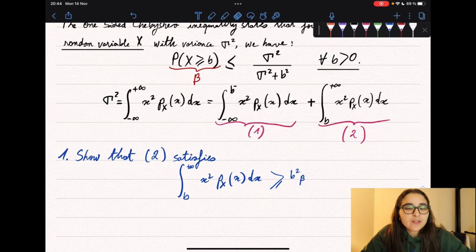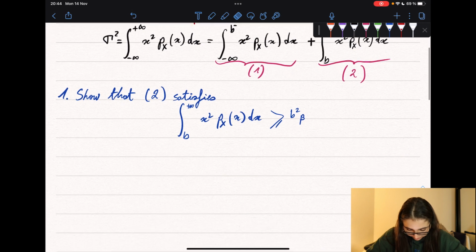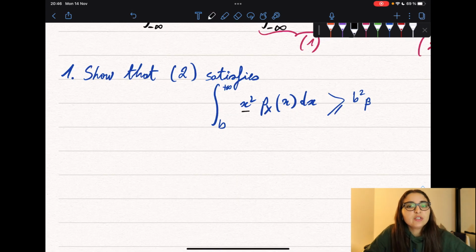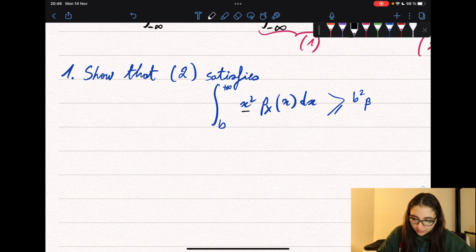So the first thing that we want to do is show that integral number 2 satisfies the following inequality. The way we're going to go about proving that is to just start with what we have. What do we have for now?